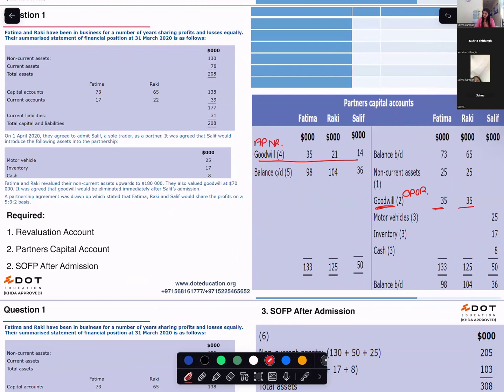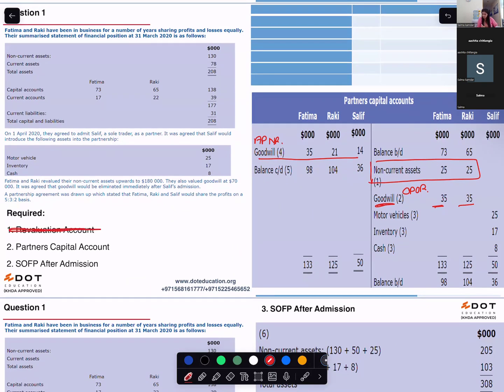This was your profit on revaluation; because only one asset was revalued upward, we did not make the revaluation account. Then you close the balance, and this balance is taken to the SOFP, the statement of financial position, and this should be equal to your NCA.